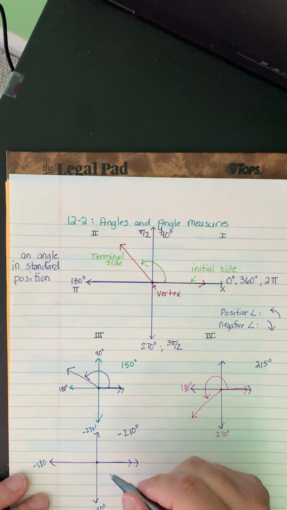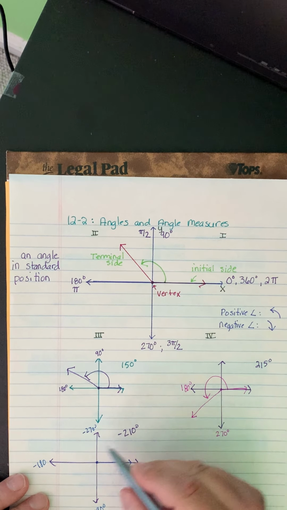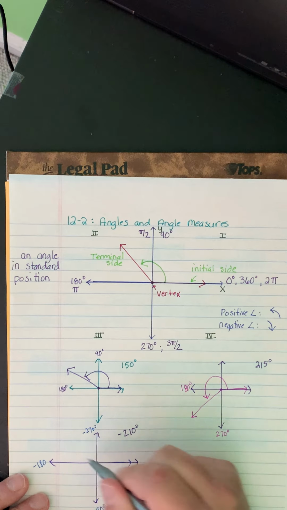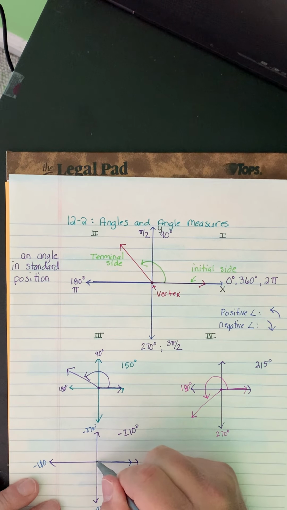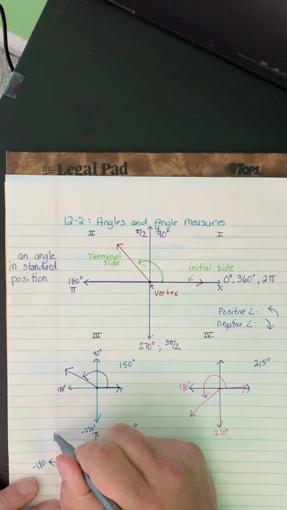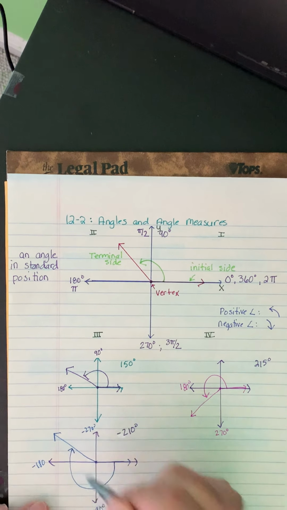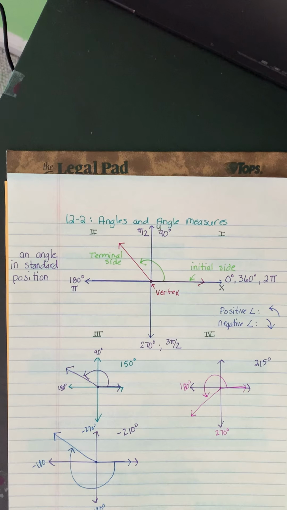So we're going this way. Again, 210 is between 180 and 270, probably about there. So I'm going to draw it here and go like this. And that would be our negative 210 degrees.